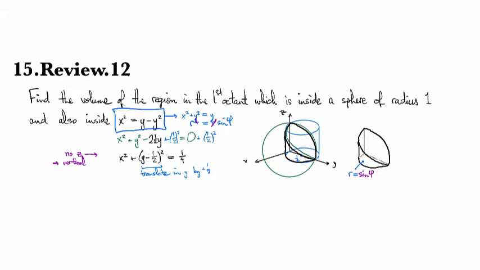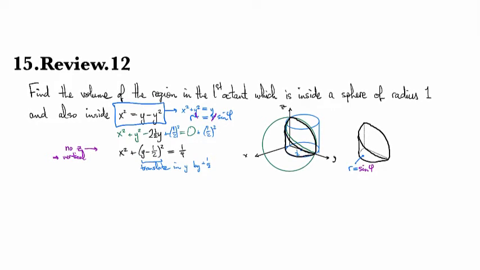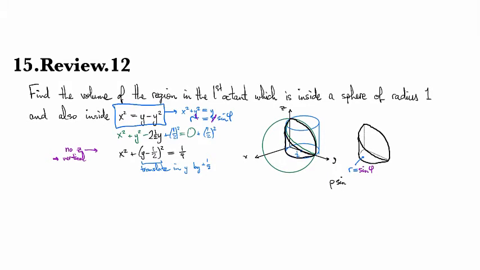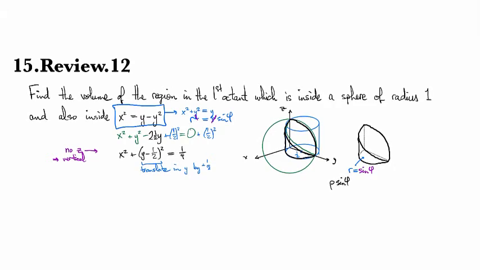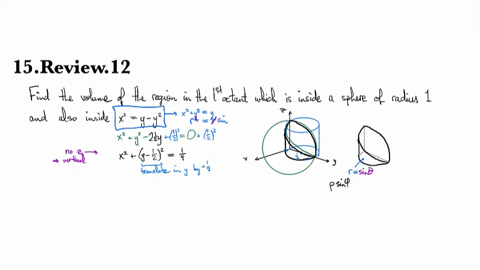Now let's see. If I were going to set this region up in spherical coordinates, then I would rewrite my r as rho sine phi. Oh, sorry, I'm using the wrong variable. That's why this looks strange. That's not rho sine phi, that's rho sine theta. Correction, theta.